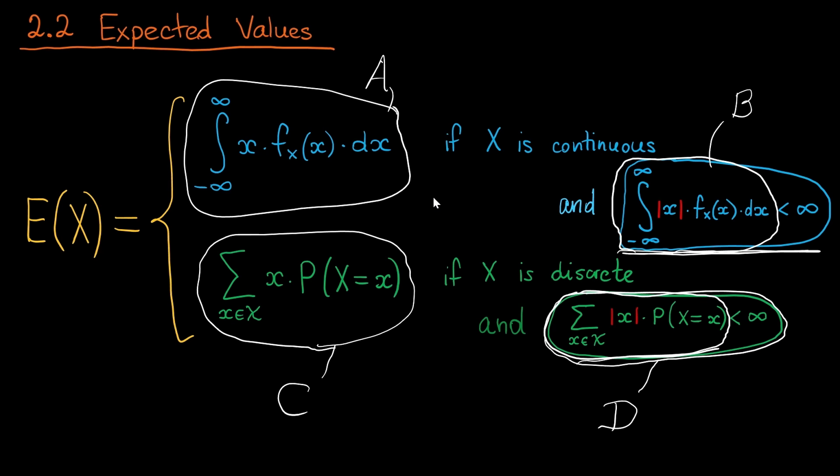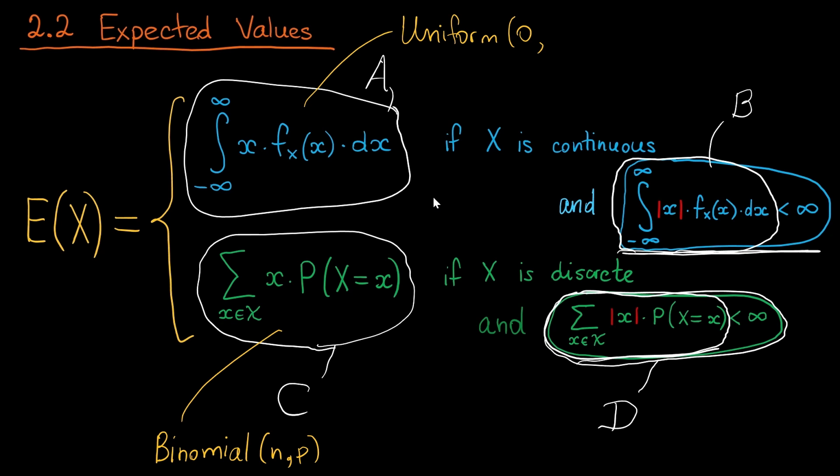We have just looked at one example of a discrete random variable and one example of a continuous random variable. For the discrete one, we looked at a binomial n,p random variable, and we worked out its expected value to be just n times p. And for a continuous one, we looked at a uniform 0,1 random variable, and we worked out its expected value to be 0.5.